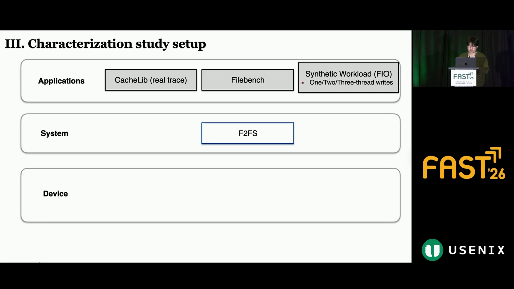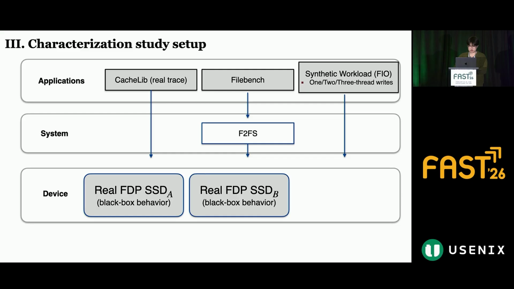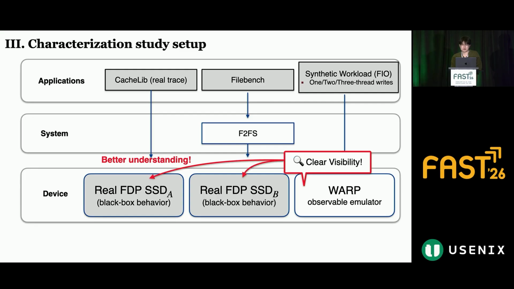Synthetic workload uses FIO with three configurations, giving us a more controlled, tunable experiment to isolate specific FDP behavior. At the system level, we test F2FS. And we tested two different devices, FDP SSD-A and FDP SSD-B. But due to limited visibility, we implement and evaluate WARP, our observable emulator, which gives better visibility into other FDP SSDs.